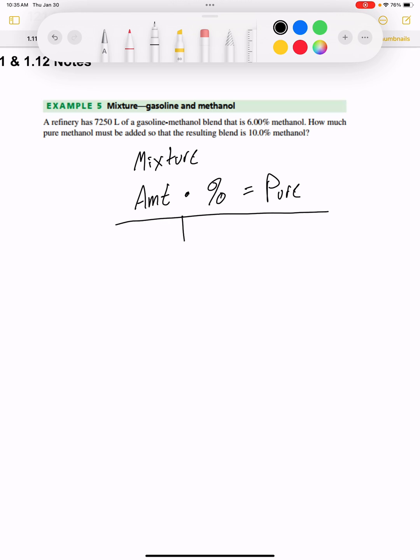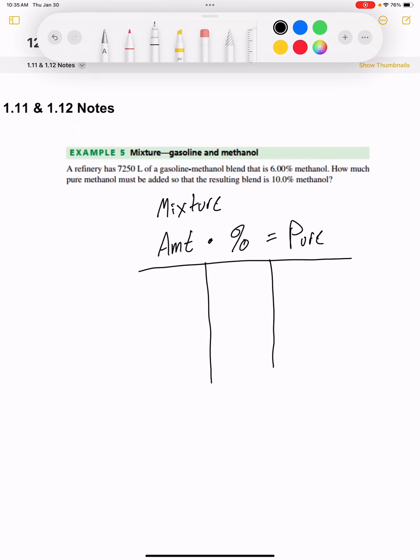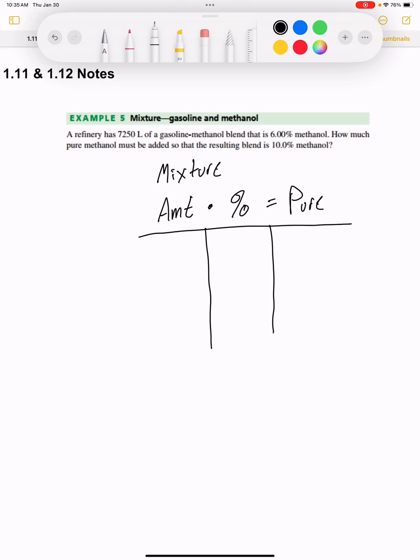Then I make myself a table. All right. So a refinery has 7,250 liters of gasoline methanol blend that's 6% methanol. How much pure methanol must be added so that the resulting blend is 10%?